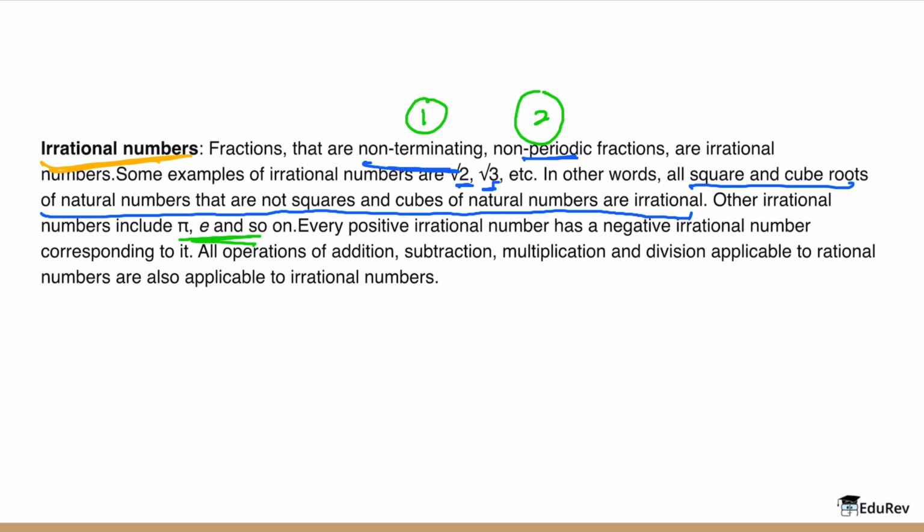Now every positive irrational number has a negative irrational number corresponding to it. Obviously, if I have root 2, I will have negative root 2. If I have root 3, I will have negative root 3.